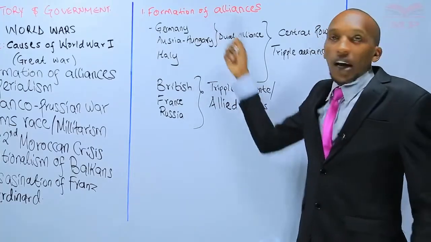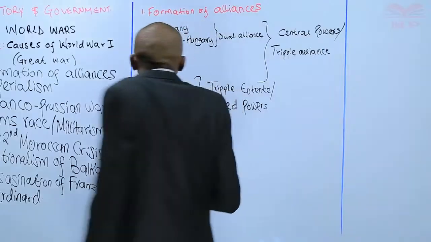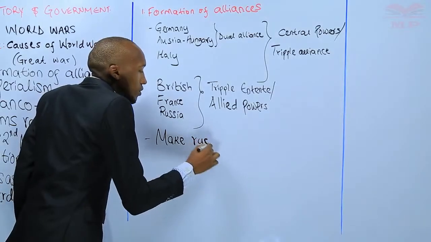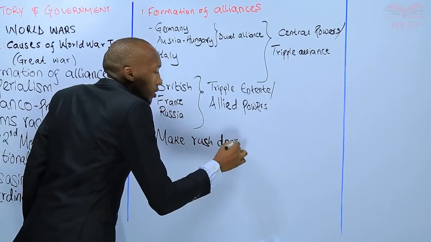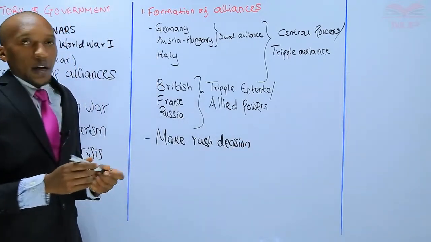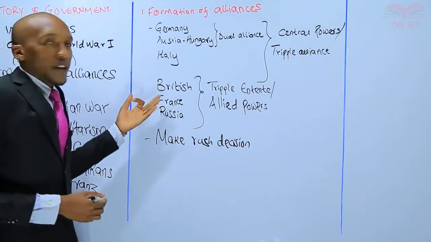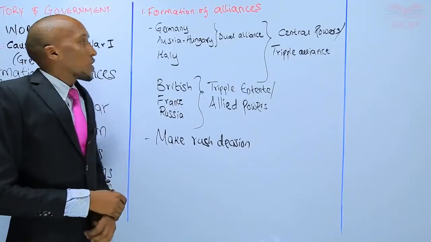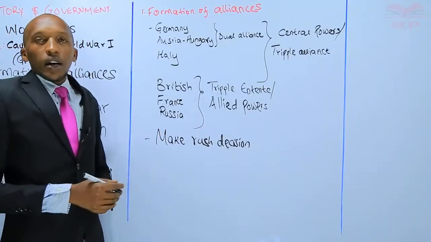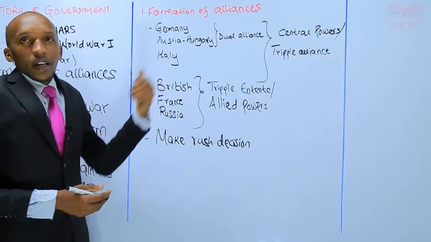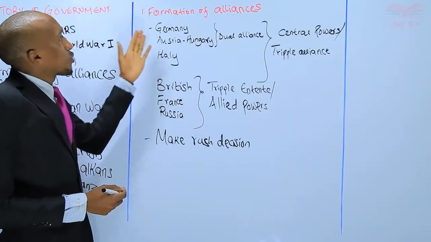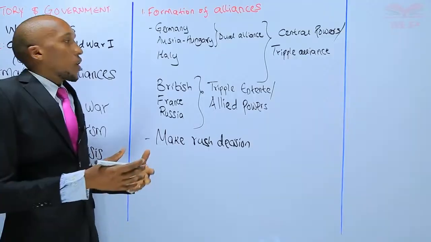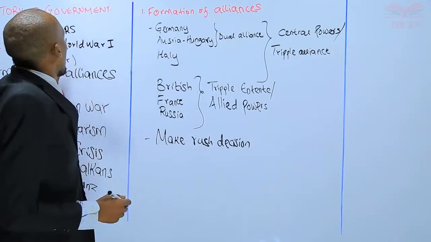So this system of alliances made these countries make rash decisions. Each country, especially Germany and France, the biggest participants, could make any kind of decision because they knew they had other countries to back them against the other country. So these two alliances laid the ground for the World War.